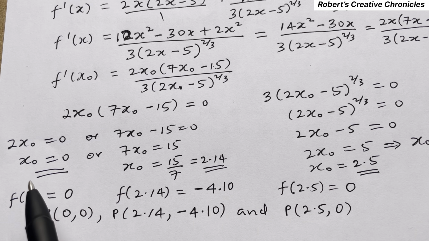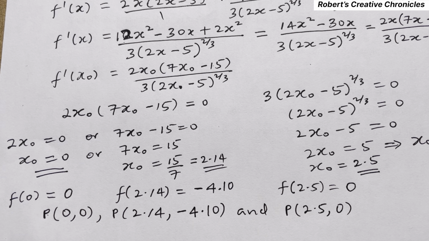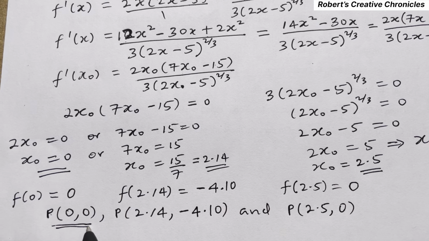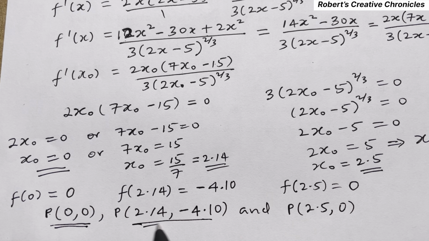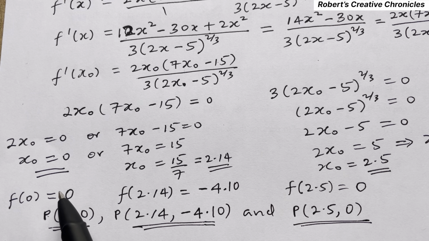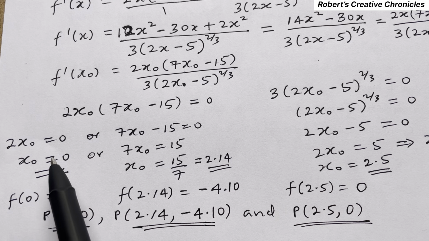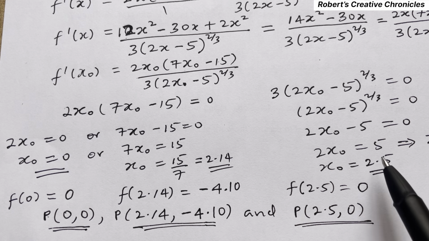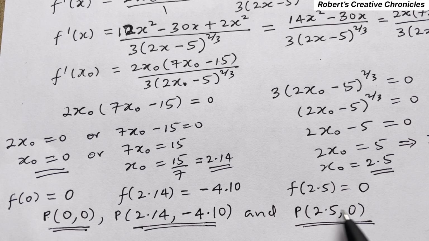So here are the critical points. So here are the critical numbers 0, 2.14 and 2.5, and here are the critical points.